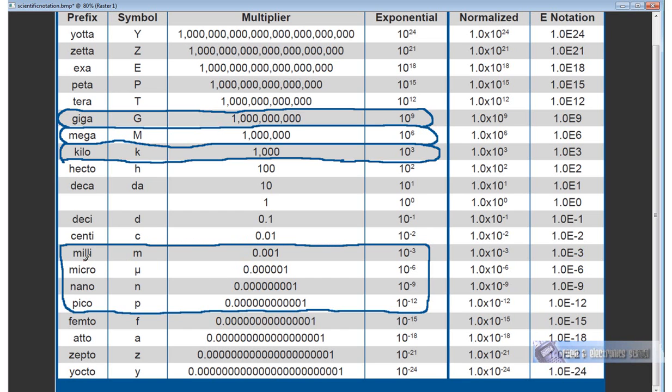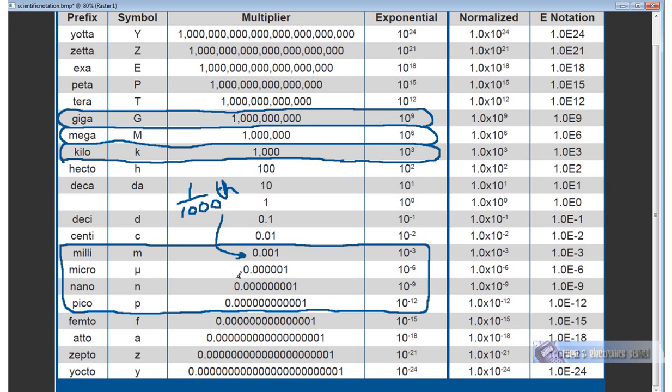Okay, milli is a thousandth, which is 0.001. 0.001 is the same thing as a thousandth. So milli means a thousandth.